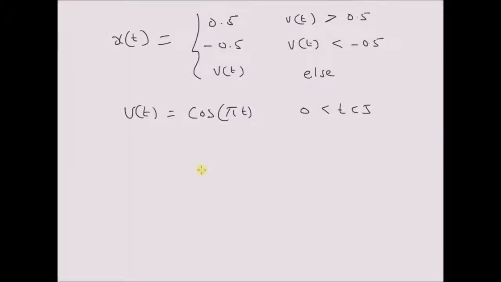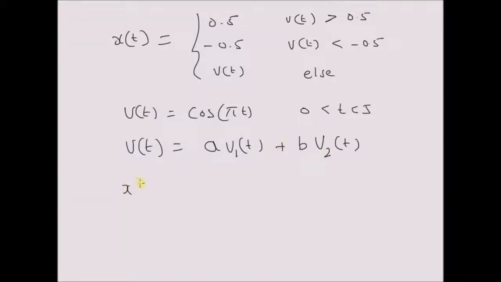Now let us verify whether the system is linear or not. So to verify that, consider the input V of t is equal to a times V1 of t plus b times V2 of t. That is a linear combination of two different inputs.